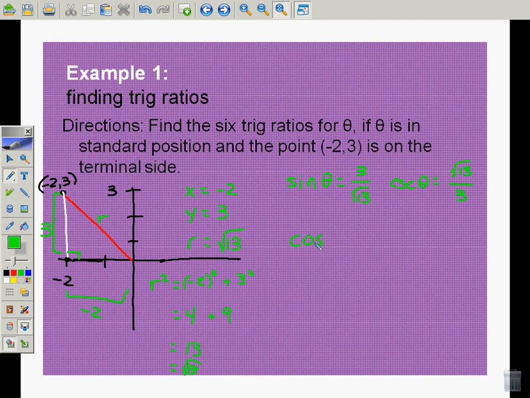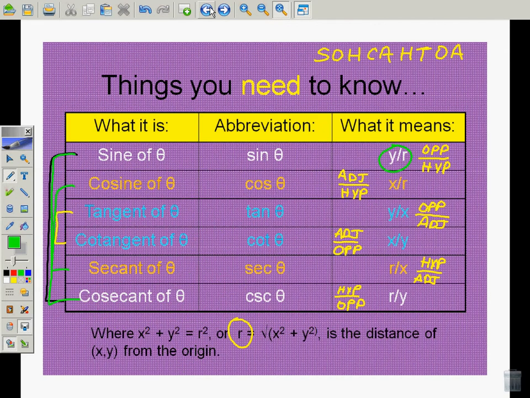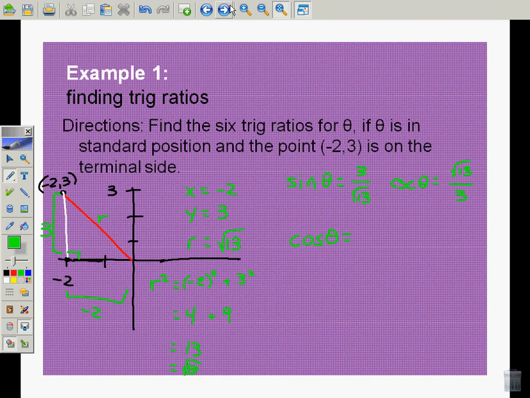The cosine of theta is x over r. So I'm going to use x over r, so -2 over square root of 13. Okay. The secant of theta is the opposite of that, the reciprocal. Okay.